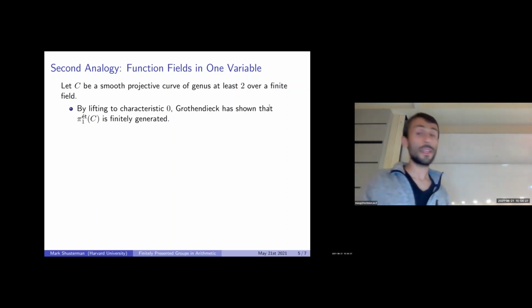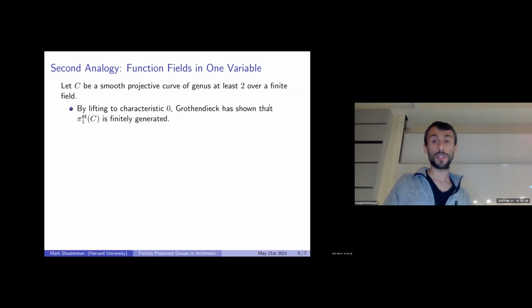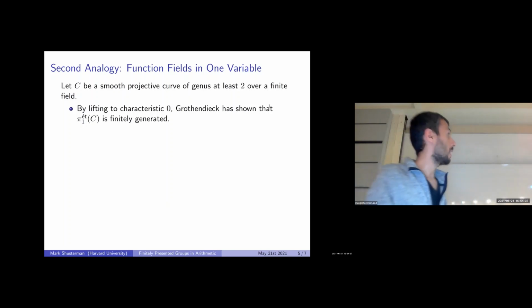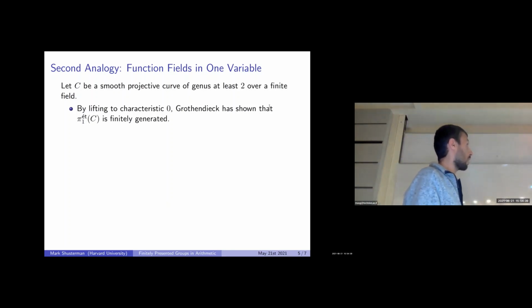He shows that the étale fundamental group is finitely generated, which is a fact that we don't yet know in characteristic 0. We do know it in characteristic P, and this in fact was one of the motivating results for the definition of the language of schemes by Grothendieck.